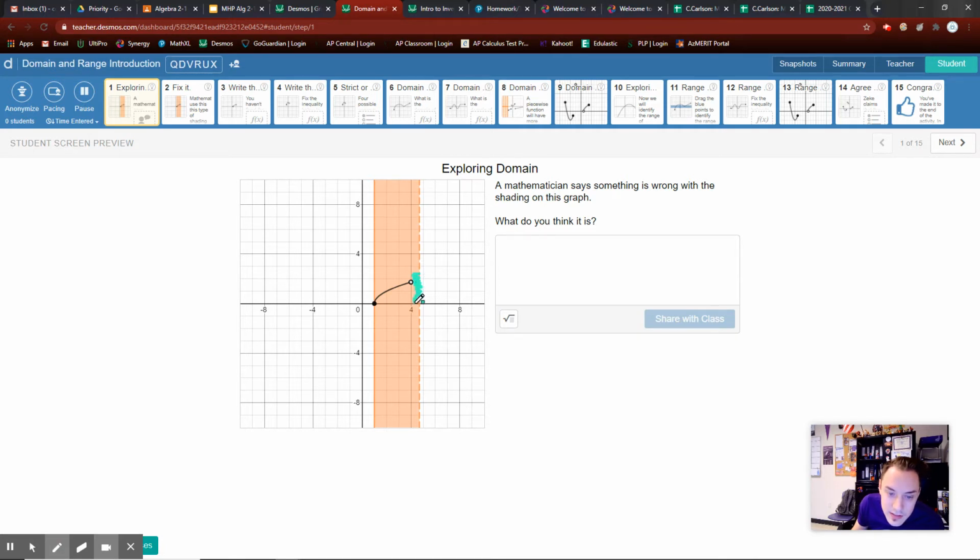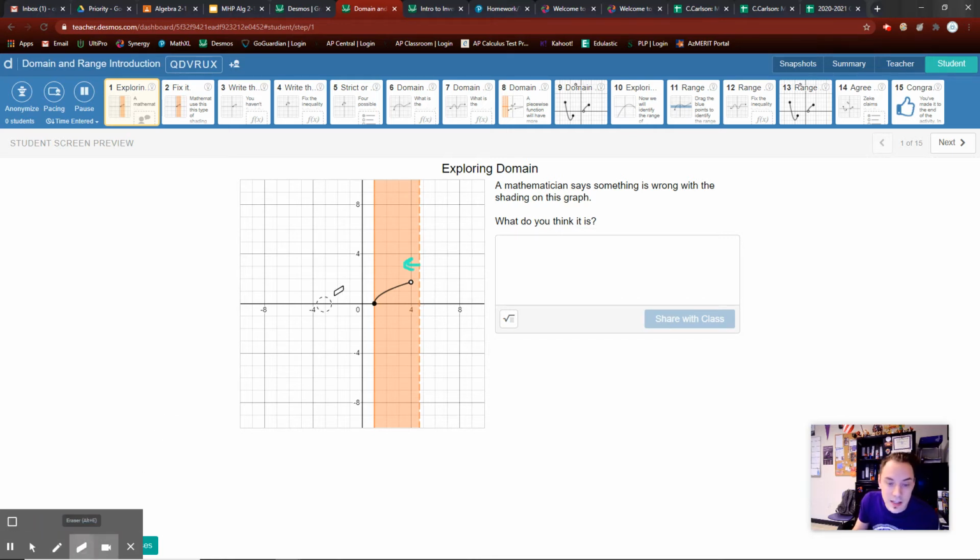Look at this. There's this little block of shading that doesn't necessarily match up with my graph. So what I need to do is move this just a little bit over, to the left. It seems like just slightly, maybe 1 or 0.75 over to the left.